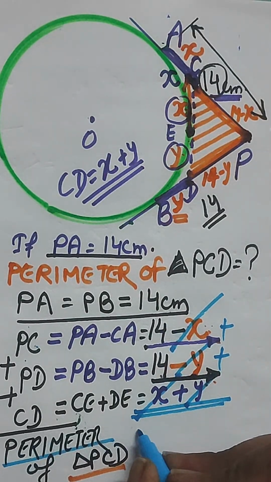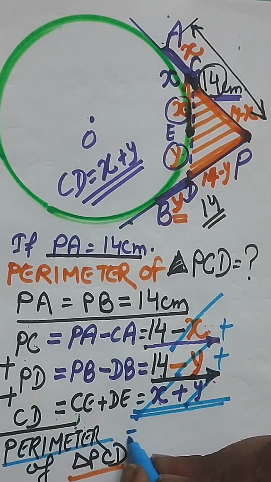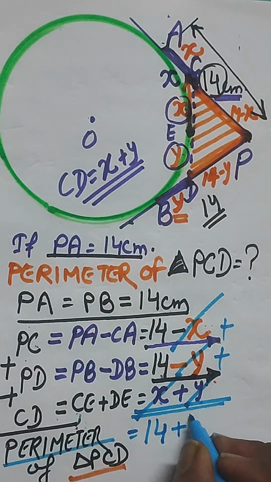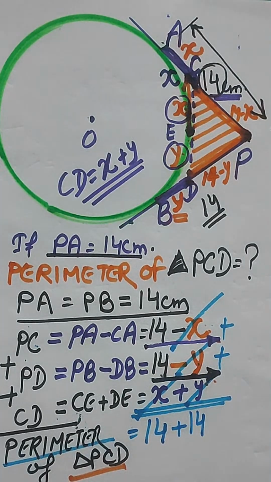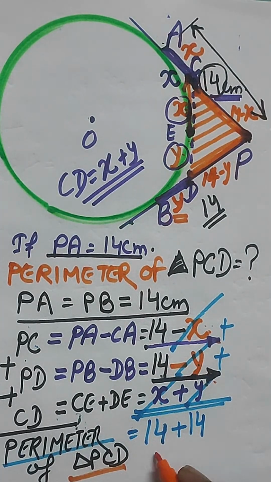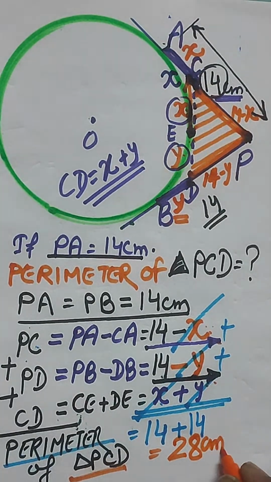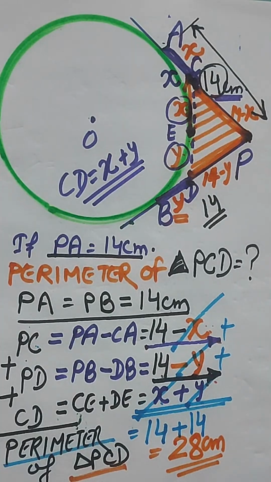So the perimeter of triangle PCD is equal to 14 plus 14, which is coming as 28 centimeter. So this is your answer.